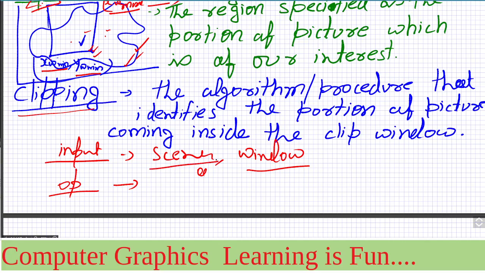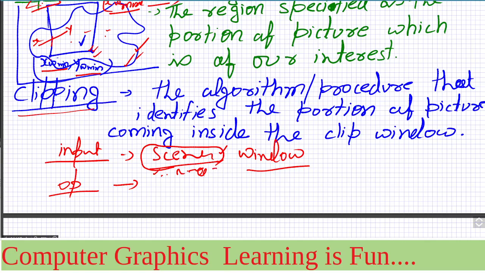Now if this scene comprised some polygons, some lines, some points or some text, whatever it was, they all will be clipped. If a line was moving like this, it will be clipped from here. Only this portion of the line will be kept. Suppose this was a line, suppose P1P2 was the line. While describing your scene, you have given a list of lines.